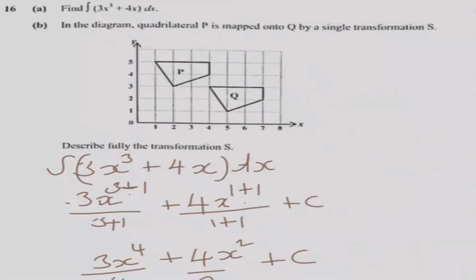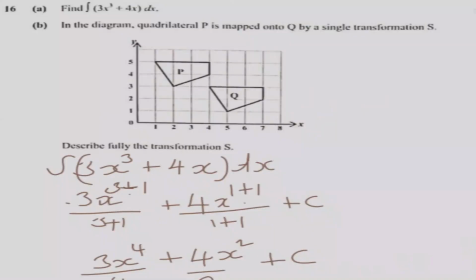Okay, we come to 16b. In the diagram, quadrilateral P is mapped onto Q by a single transformation S. So we can take time and look at the diagram.